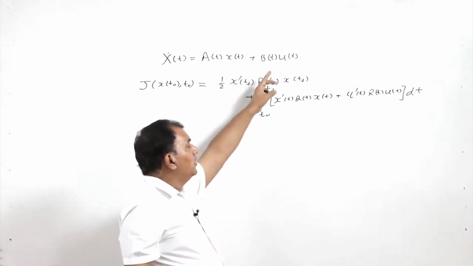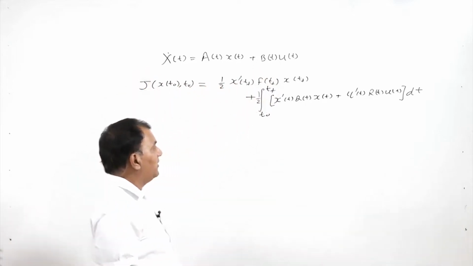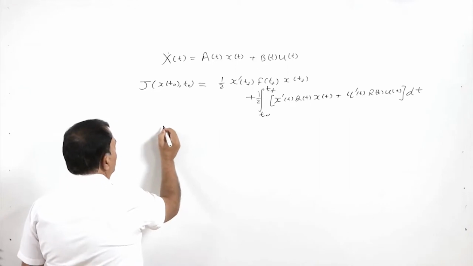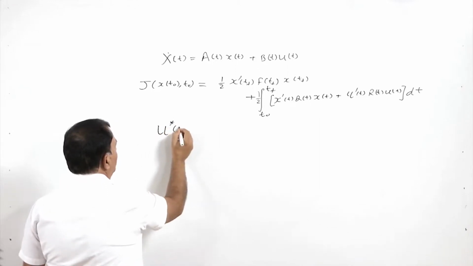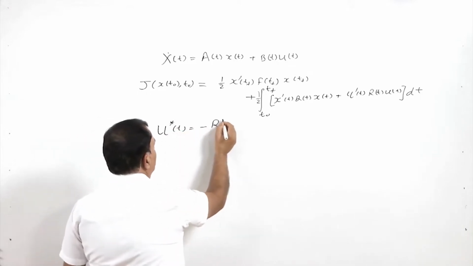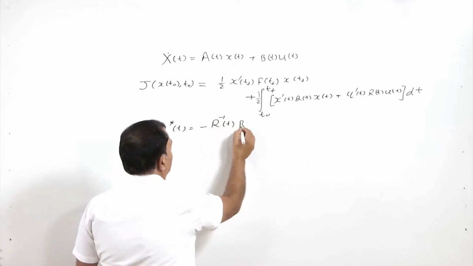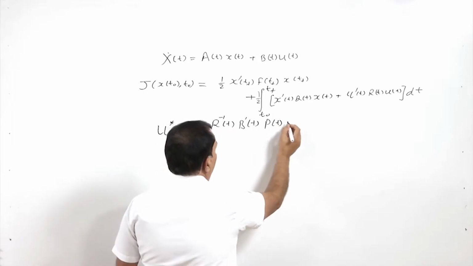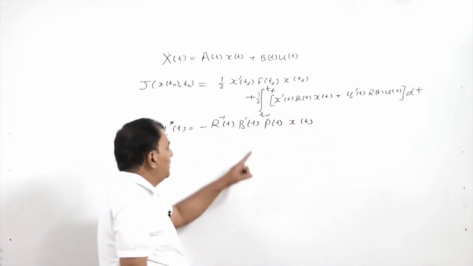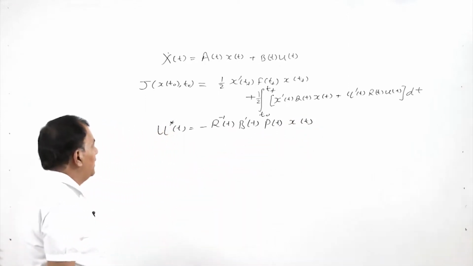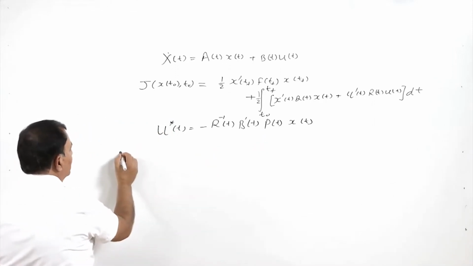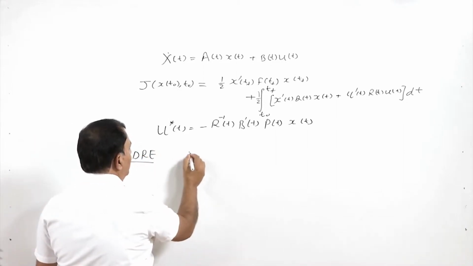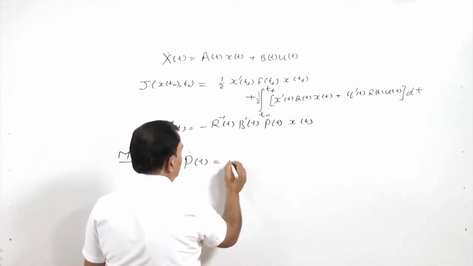So my objective is to determine the optimal value of u which will minimize the performance index given by J(x(t0), t0). The optimal u which we have found is minus R inverse B prime P(t) x(t), where P(t) is the solution of my matrix differential Riccati equation.